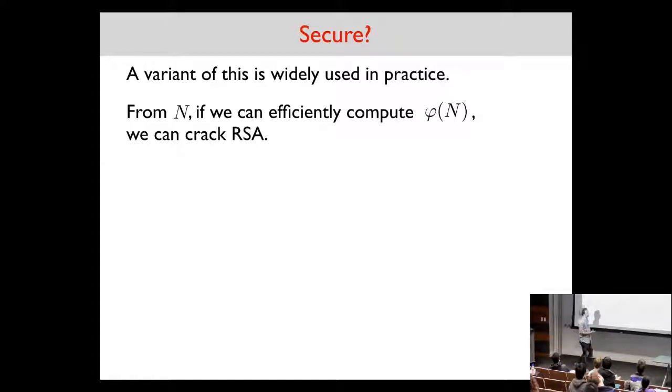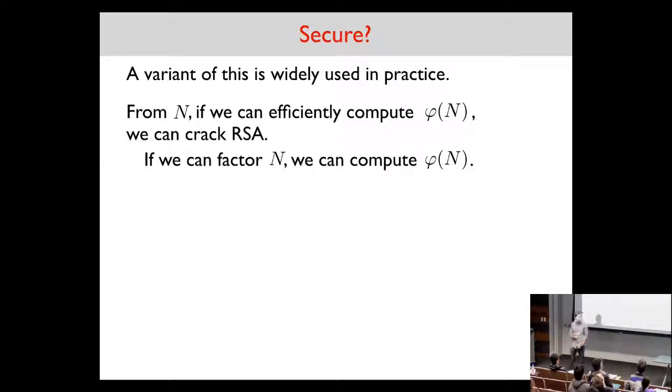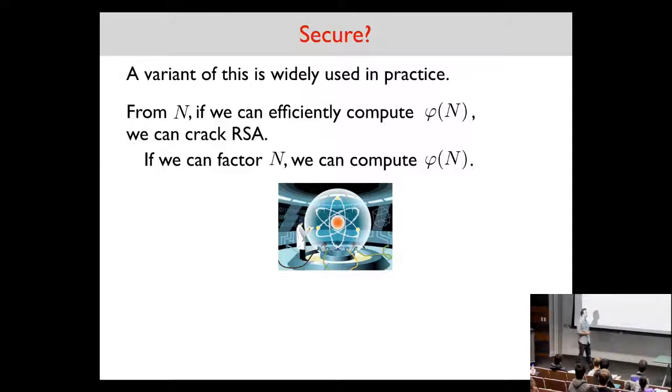The thing is, from n, as we saw, if you can efficiently compute phi of n, we can crack RSA, exercise. And actually, if we can factor n, we can compute phi of n. In some sense, factoring and computing phi of n from n are computationally equivalent.